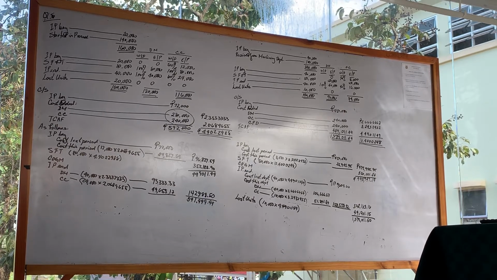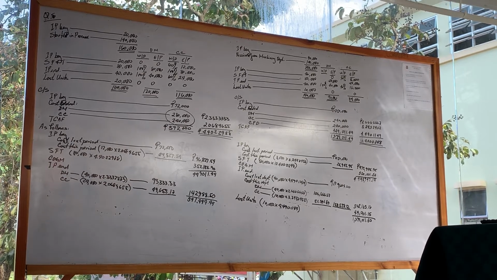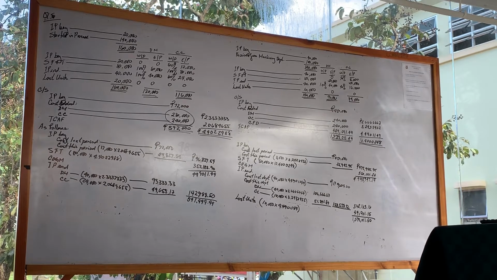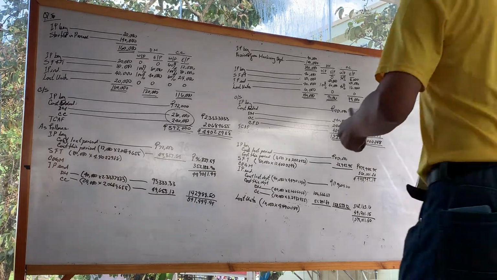I will teach you next semester how to treat equivalent production in inventories if the materials are applied during the process. Okay? Let me give you a very specific example.